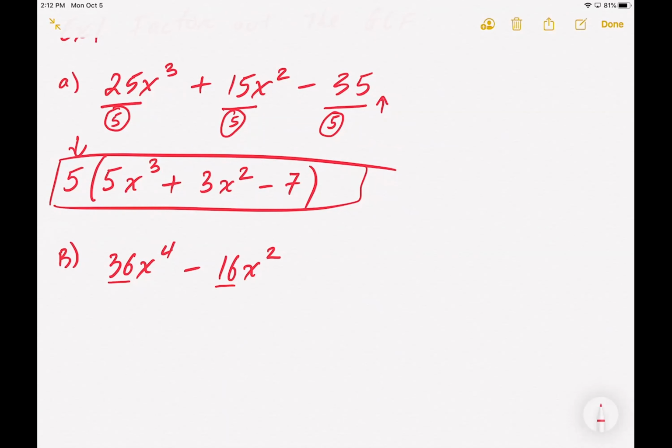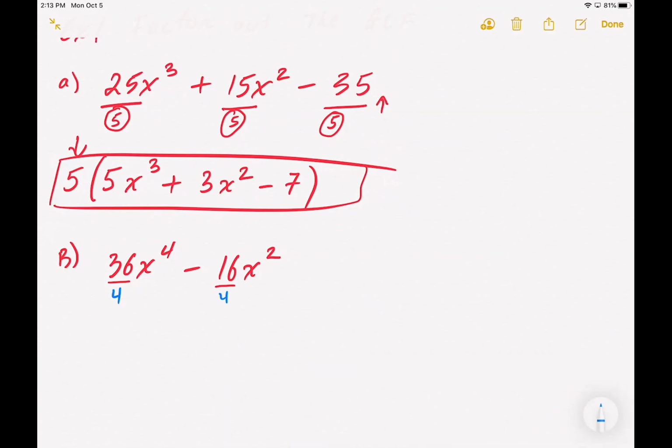The next biggest number, which some of you say, is 4. We know that 4 can go into both of them. 4 goes into 36 9 times, and 4 goes into 16 4 times. So that's one thing: we're looking for the biggest divider for the constant.